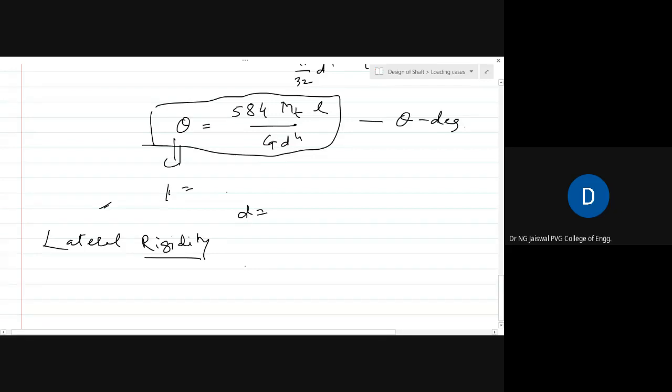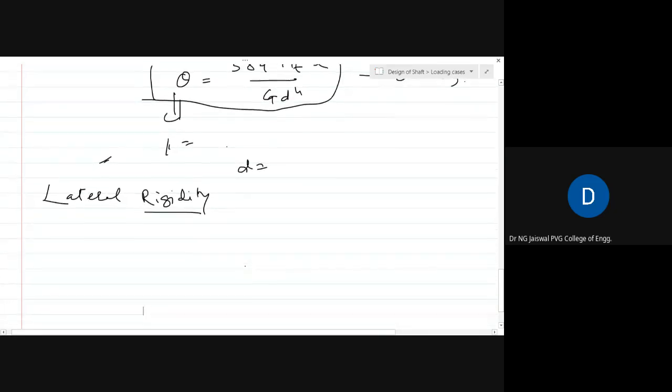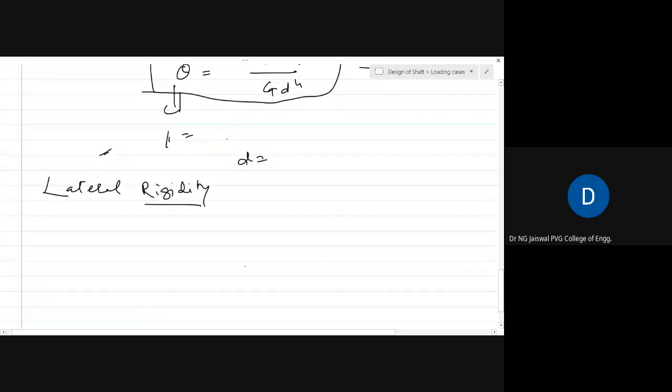I will not go into details of lateral rigidity, but just let me give you an idea what it actually means. Design on the basis of lateral rigidity means a typical problem. You just see that this is some load, these are the support ends, you can put the reactions, right?